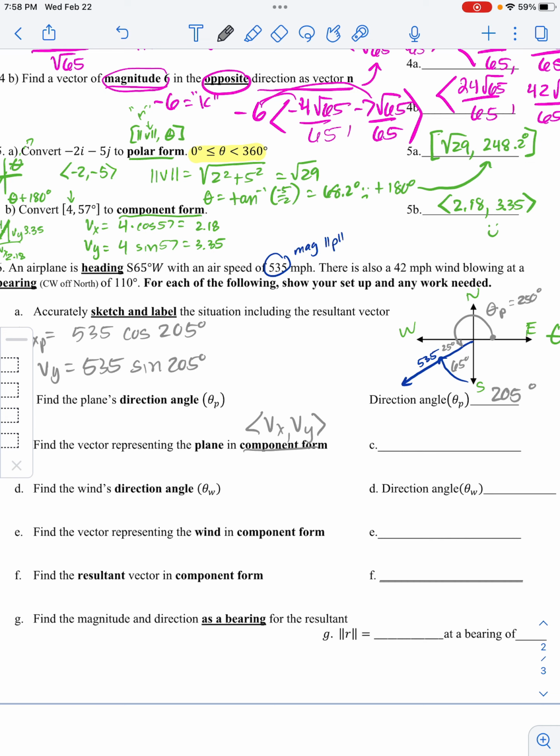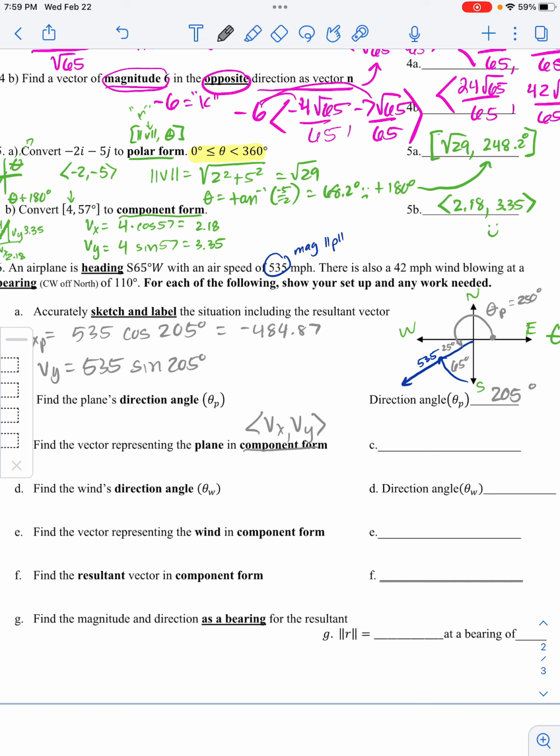I expect, given the position of my vector, that I'm going to have a negative x and a negative y because I'm in quadrant 3 with my airplane vector. So if I do my 535 cosine 205, that is putting me at negative 484.87.